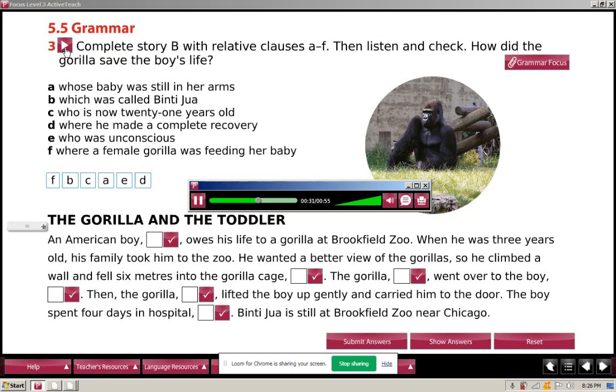The gorilla, which was called Binti Jua, went over to the boy, who was unconscious. Then the gorilla, whose baby was still in her arms, lifted the boy up gently and carried him to the door. The boy spent 4 days in hospital where he made a complete recovery. Binti Jua is still at Brookfield Zoo near Chicago.